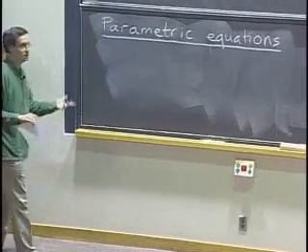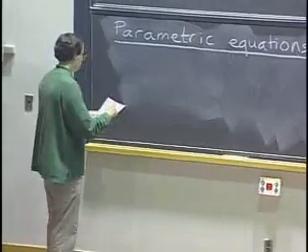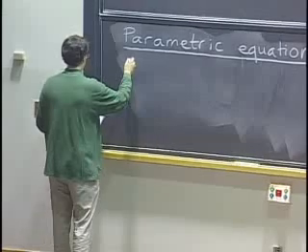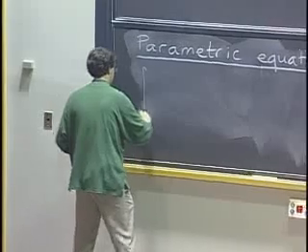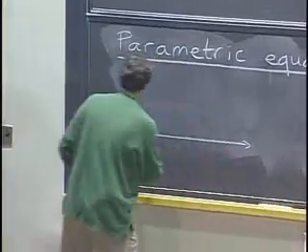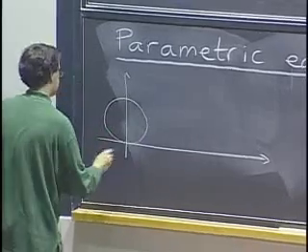And I think we did in detail the example of the cycloid, which is the curve traced by a point on a wheel that's rolling on a flat surface.